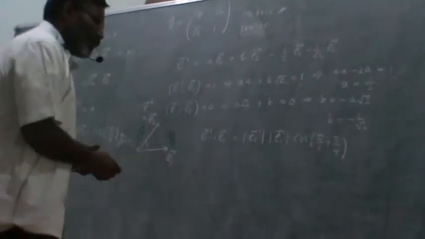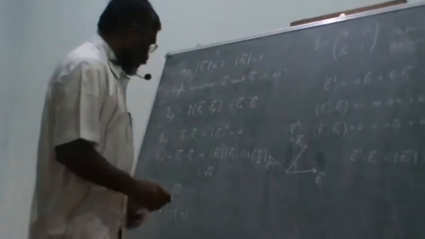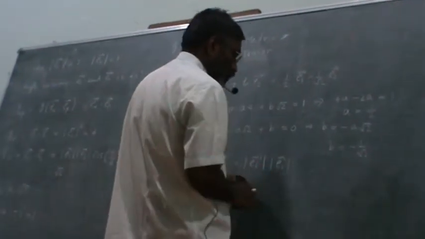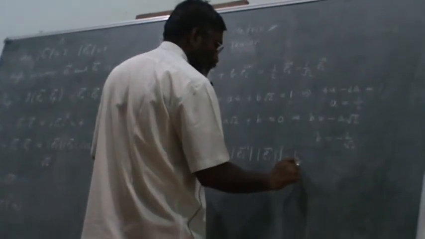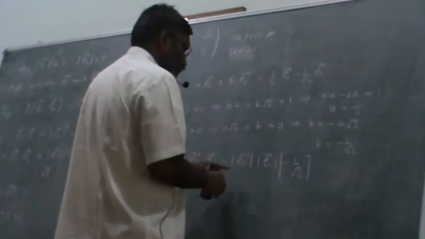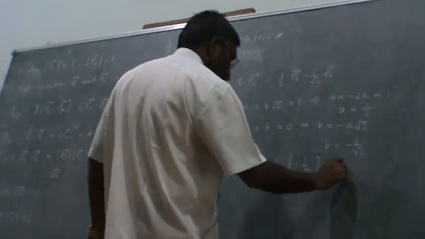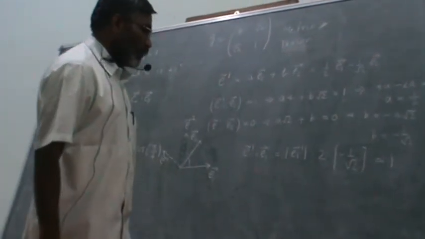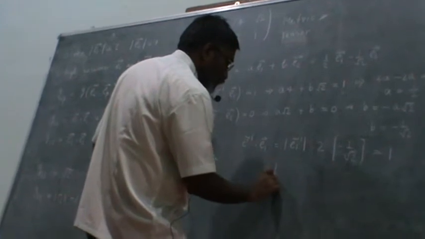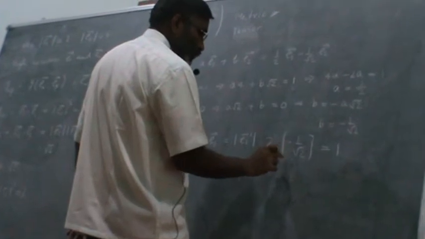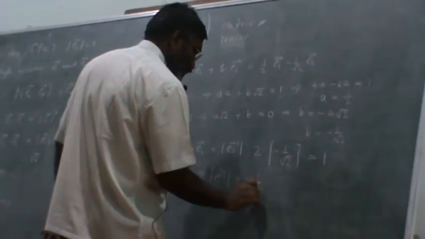Cos of pi by 2 plus pi by 4 is minus sin pi by 4, which is minus 1 by root 2. Now E1 is already known, that is 2. And this has to be equal to 1. So we can immediately show that E1 tilde is equal to minus 1 by root 2.